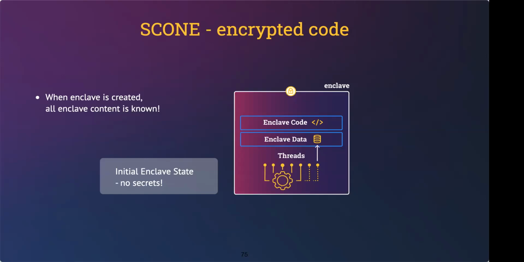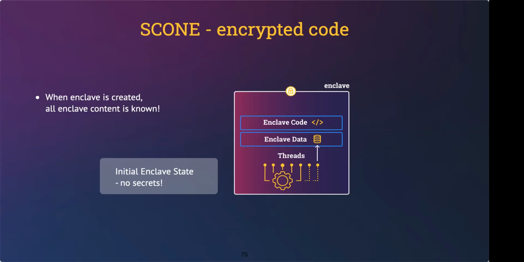So far so good. When such a, we call it sconified, application starts, it starts inside of an enclave. But if you look at the details of Intel SGX, if I'm root, I see all the code and all the data that's put in such an enclave. That means everything that is in this encrypted memory region in the beginning is known, because during the copying, root can see all the initial state of the enclave.